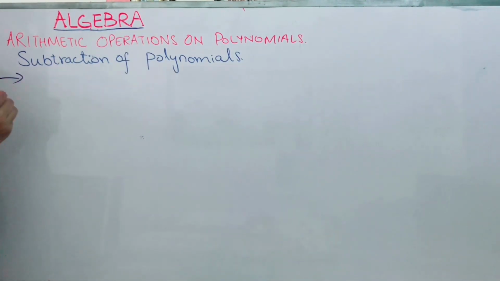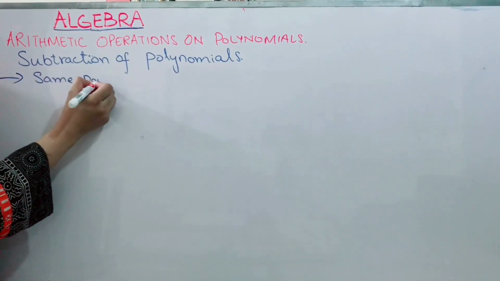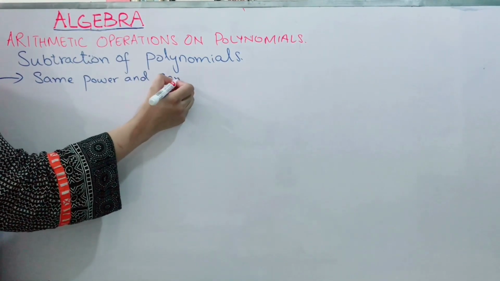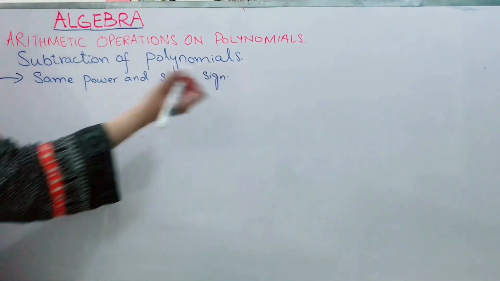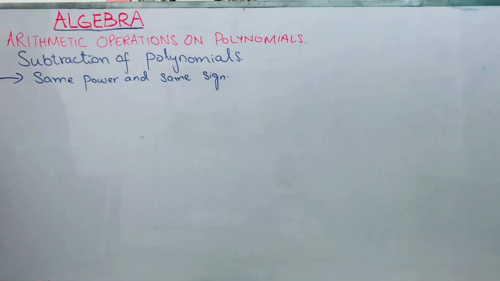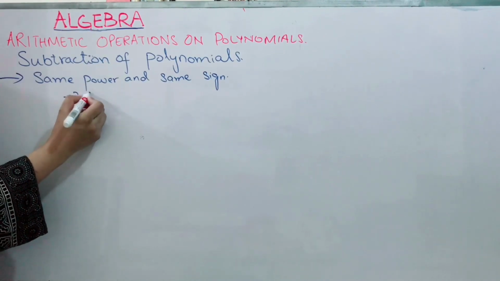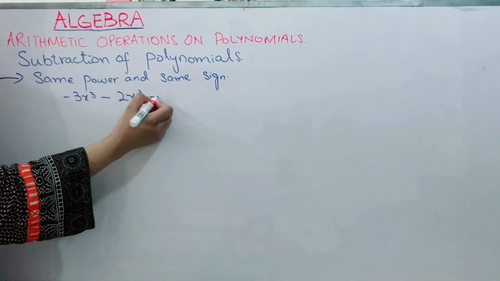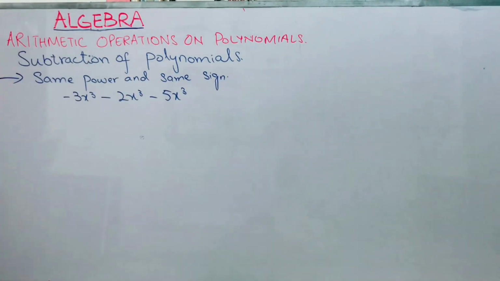The first rule is same power and same sign, right? So if you have minus 3x cube minus 2x cube minus 5x cube, right?